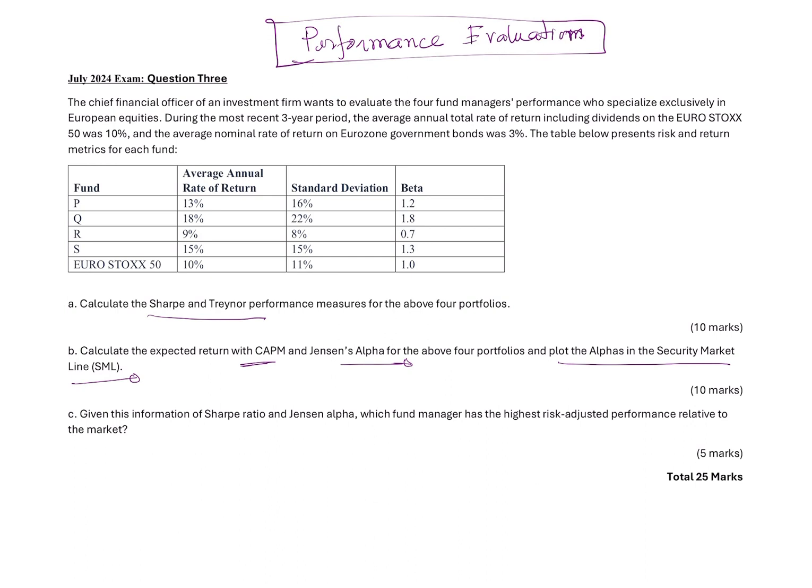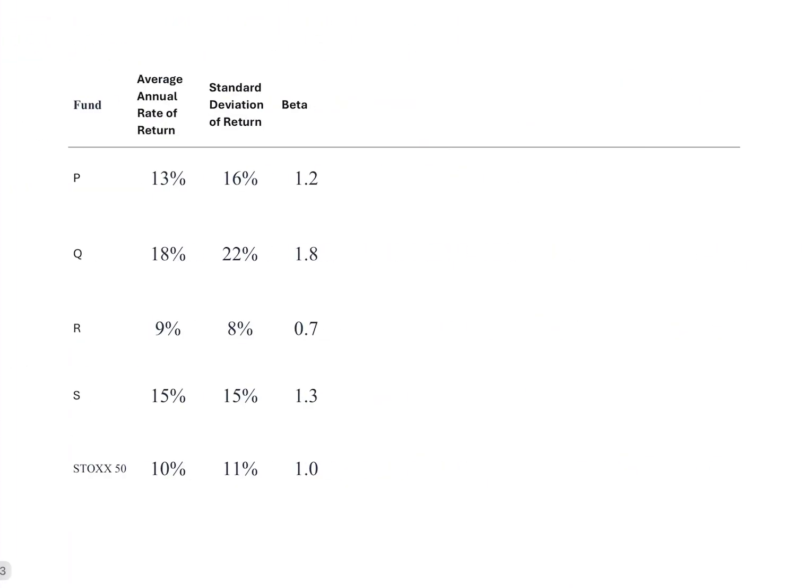Given this information, Sharpe ratio and Jensen alpha, which fund manager has the highest risk-adjusted performance? So looking into the risk-adjusted performance based on the Sharpe ratio, Treynor ratio, as well as the Jensen alpha, let's look into it.